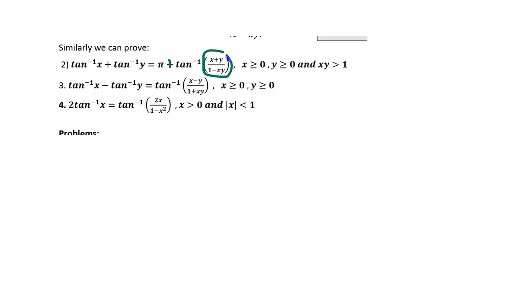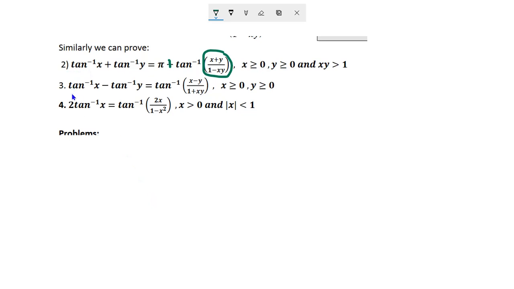Whenever the tan inverse of a negative quantity is there, then definitely this is negative, and tan inverse of a negative real number is negative only, and pi plus some negative number is less than pi, and this result will hold. The formula is tan inverse x plus tan inverse y is equal to pi plus tan inverse of x plus y divided by 1 minus xy. And the proof is similar to the previous one, only one step is different here.